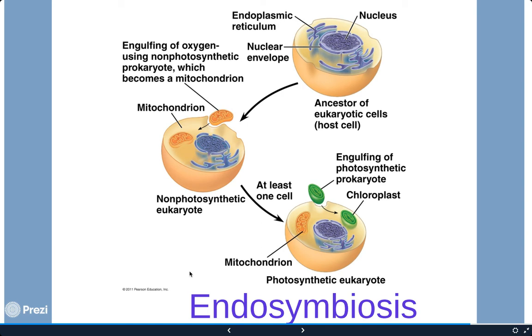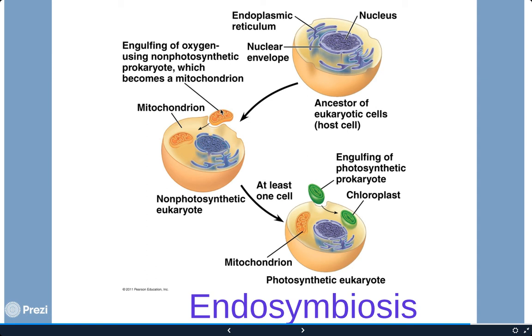So the idea here is that at some point we had very simplistic eukaryotic cells, and we engulfed or absorbed a bacteria, a prokaryote that was not photosynthetic, and then it just began to live inside of us. We give it food and it gives us energy, and eventually it always lives in us, it's never on its own.